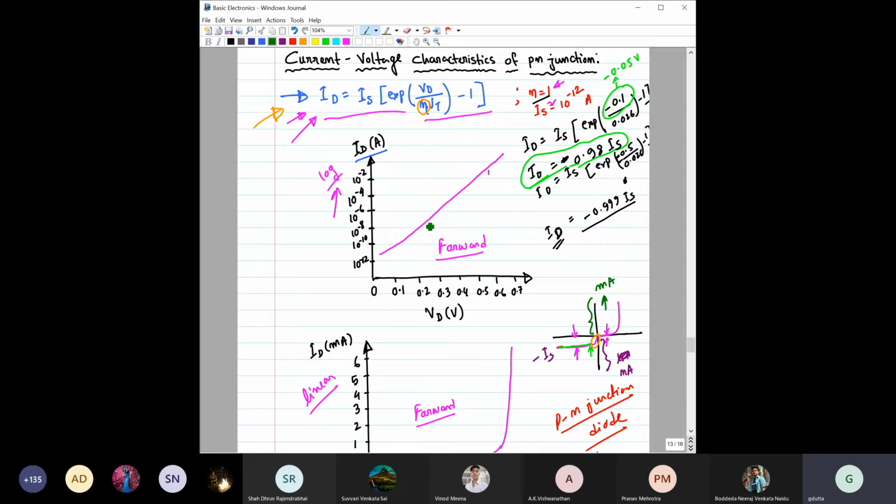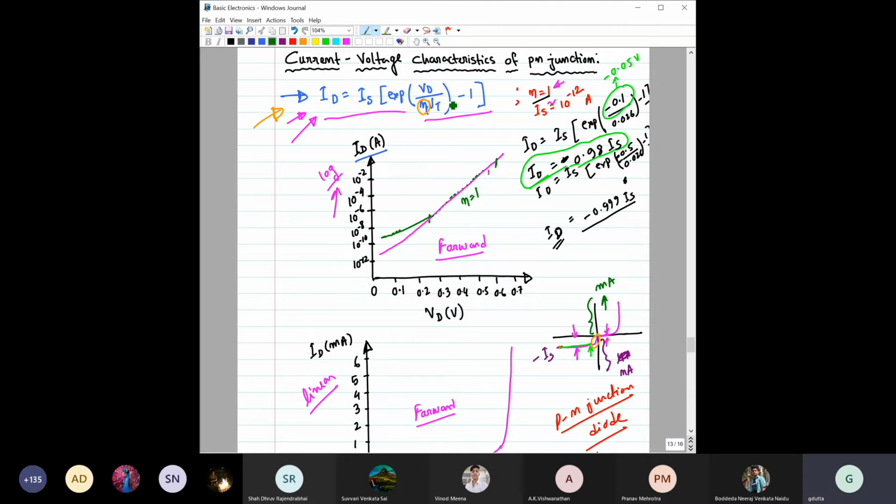For most PN junction diodes, for moderate values of VD, you will find the eta value equal to 1. No issue in that. But as you decrease VD, you will find the characteristics would not follow this curve, but rather would follow this type of path. Then it will merge with this line and further increase.